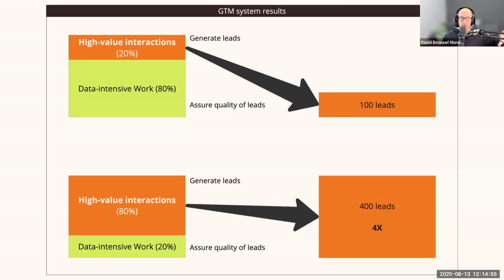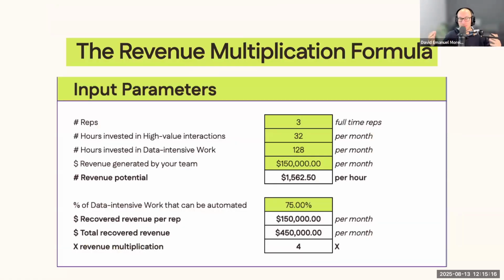But if you're able to automate this process, you will not only increase the volume of leads because you will have more time, but also because the limit of the automation never ends. So you can increase the amount of leads that you can process by a lot.